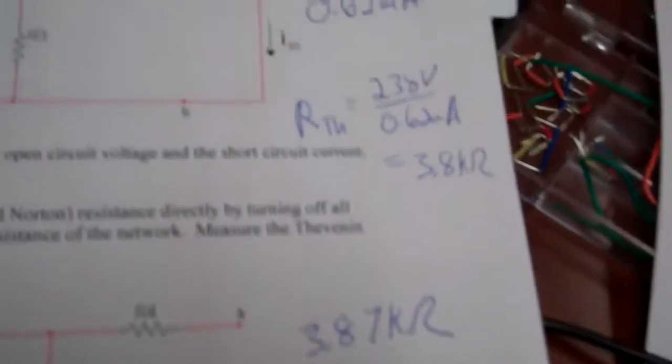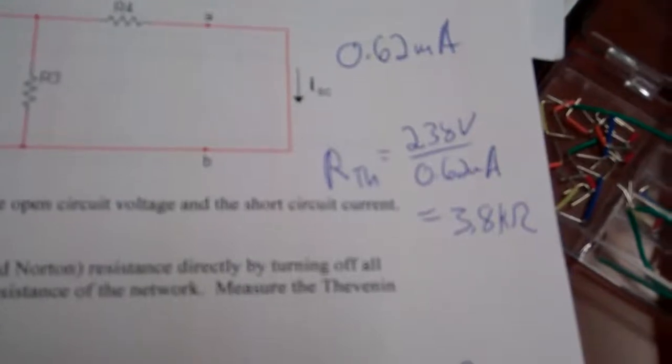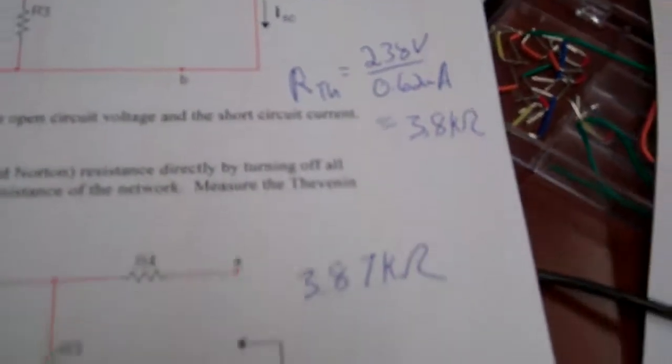Then you can remove the load resistor, put the probes across those 2 nodes, and measure the Thevenin resistance. In this case, it came out to be 3.87 kiloohms, which is close to what was calculated before at 3.8 kiloohms.